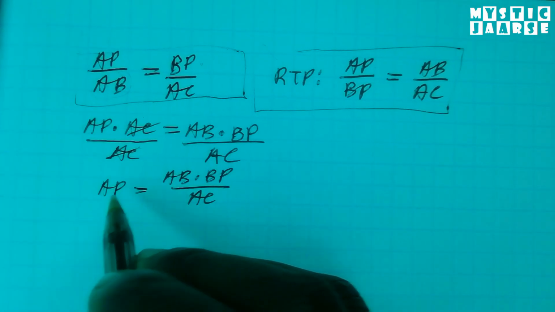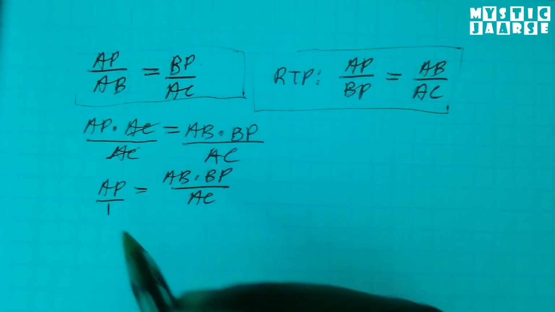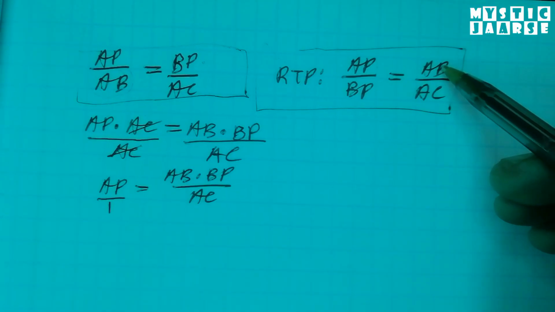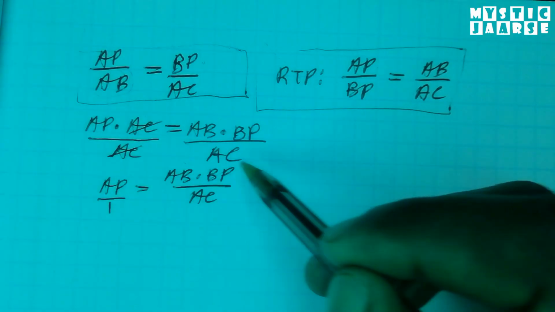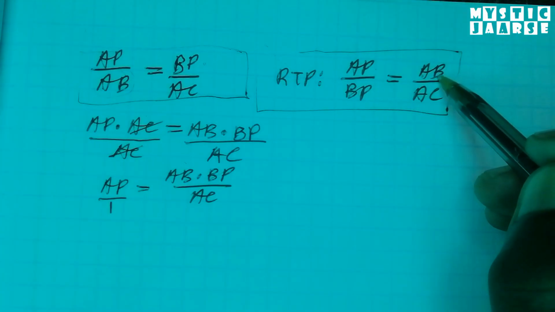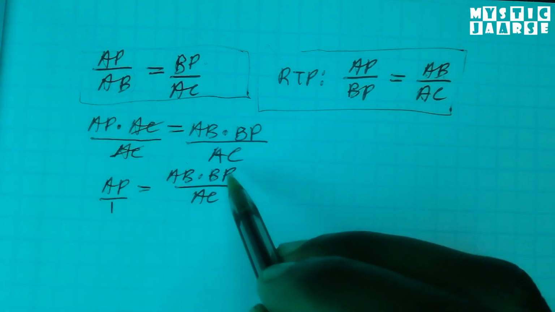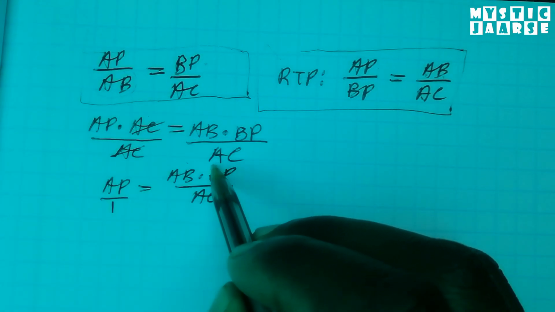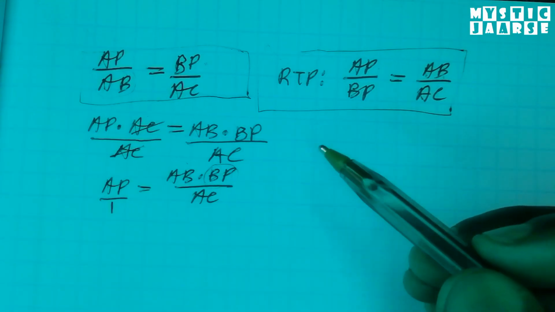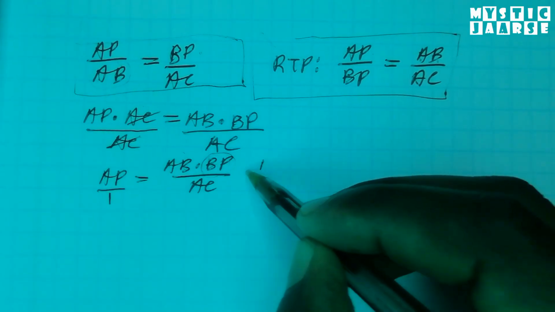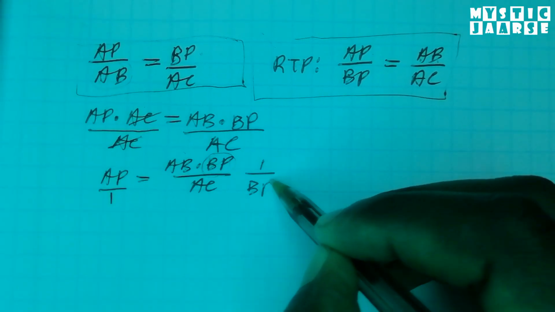Now on this side we have AP divided by 1 since it's a numerator. Now on this side we need to have AB as a numerator. So this means we need to get rid of this BP. Now how do we do that? We multiply both sides by 1 over BP.